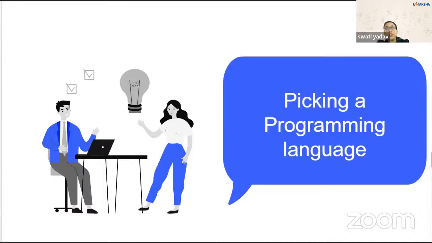So one exception, I could say, to the convention of allowing candidates to pick their own programming language, is when the interview is for a domain specific position, right? Mostly when you're applying for an entry level position, they tell you that you can pick up any language and you can start coding and explain the concepts.